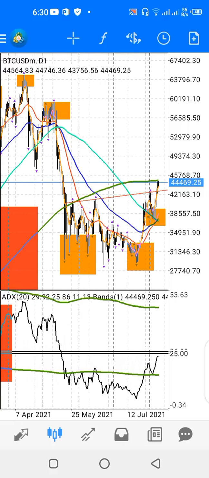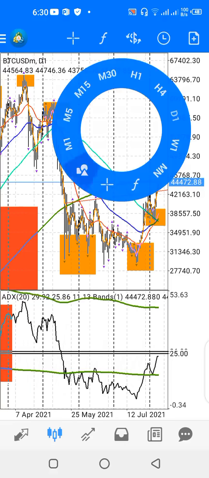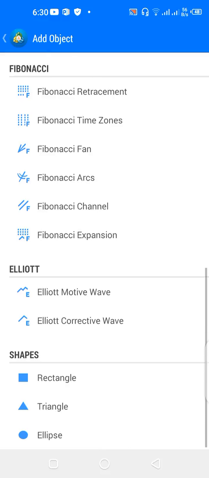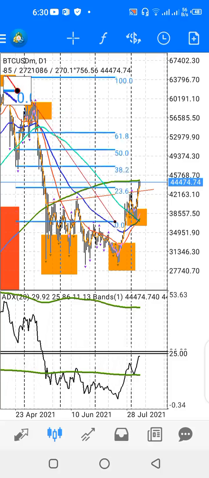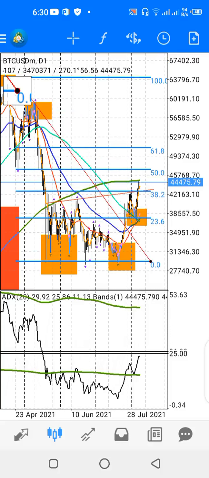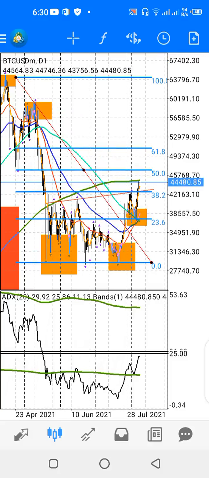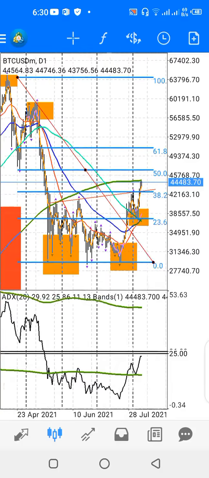Okay, and if price is going up on the daily time frame, we can try to forecast price by plotting our Fibonacci tool.